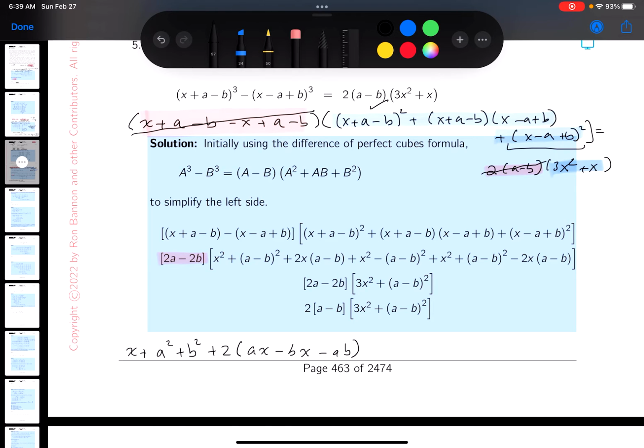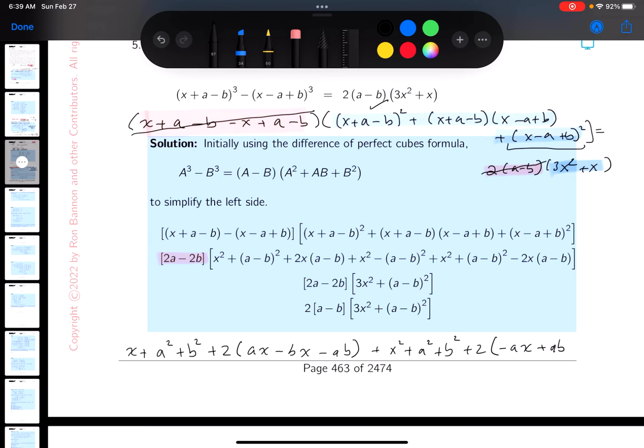And what do you get there? x squared plus a squared plus b squared plus 2. Well, a little more complicated, right? So let's write that down, and you're going to get minus ax, and then you're going to get ab. And let's see what else you get.